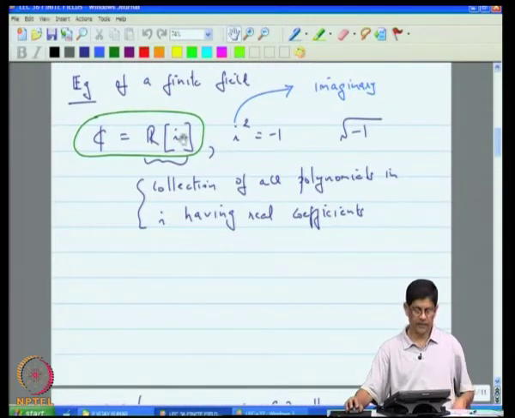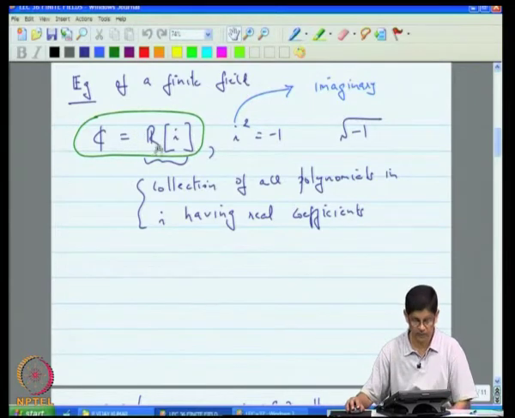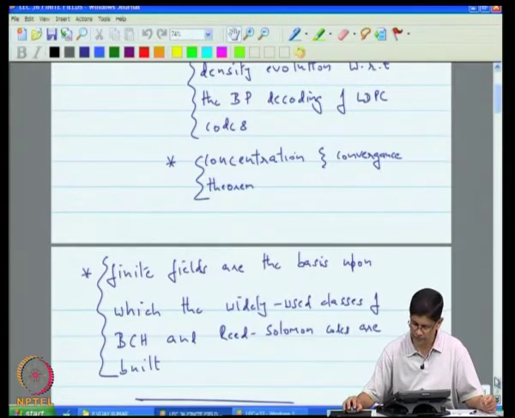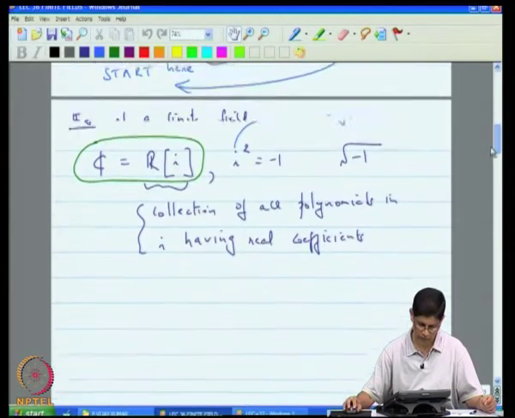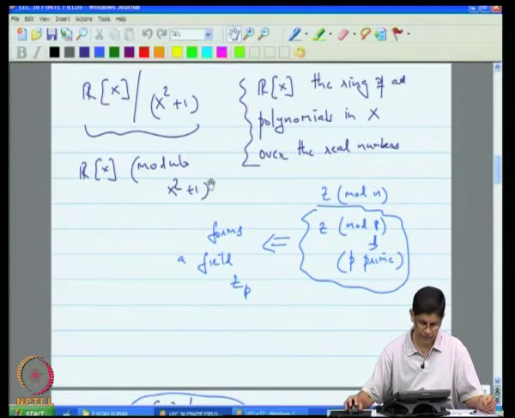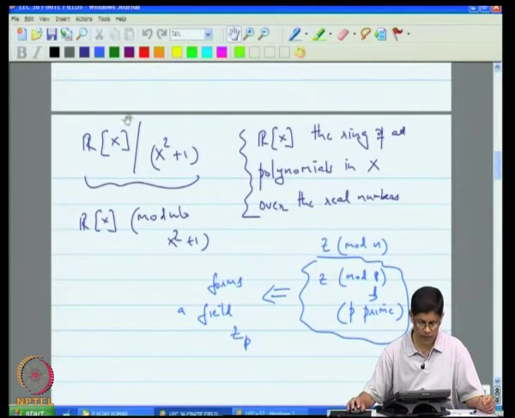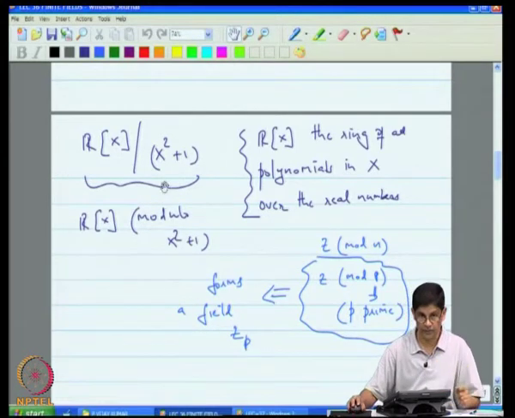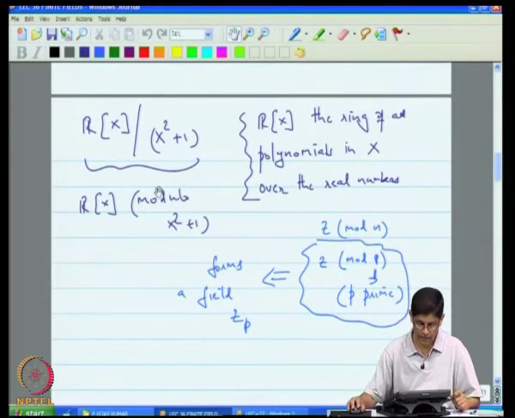We said that it's possible to think of the complex numbers as being obtained by taking the real numbers, taking polynomials over the real numbers, going modulo x squared plus 1, and then you will recover the complex numbers. And the complex numbers we think of in terms of the imaginary element i, but that i is played by x over here.